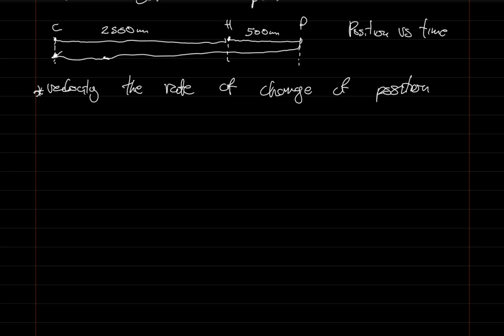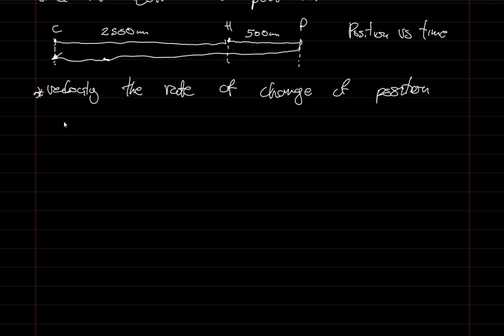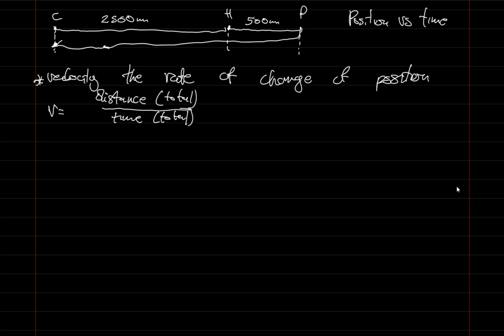So we want to know the rate there, meaning that V is actually the total distance divided by the total time. I don't know, depends on that instance, you see.